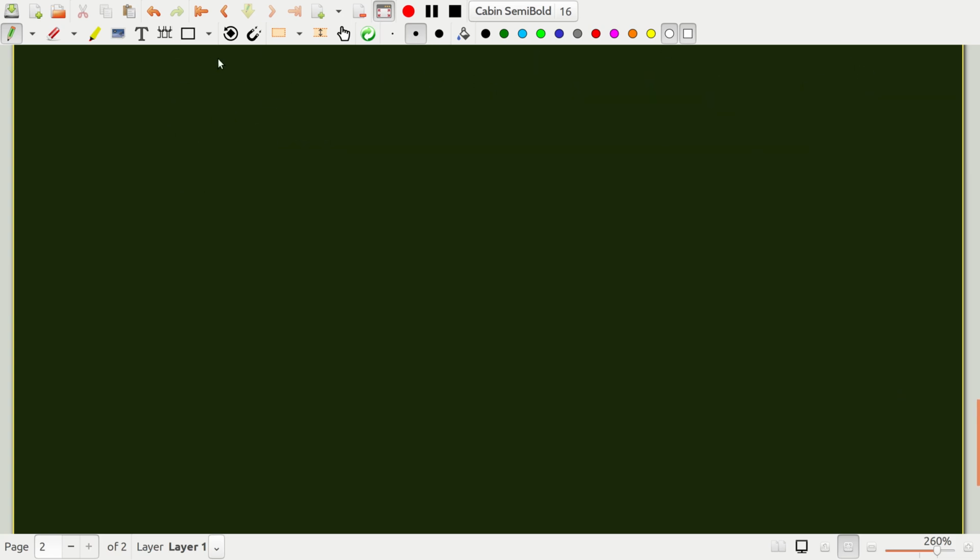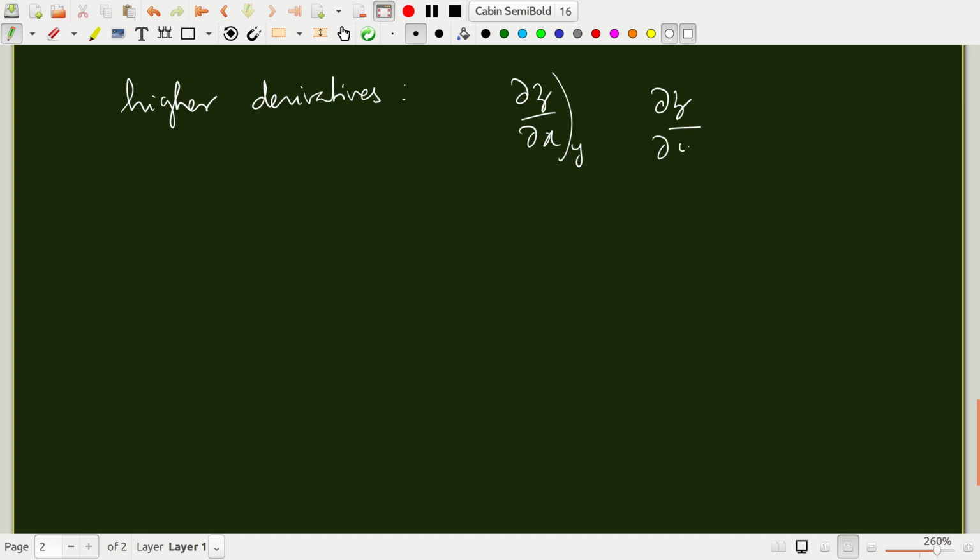Now, you can take higher partial derivatives, because we just saw that partial z partial x and partial z partial y, keeping these variables constant, are in general some functions of x and y.